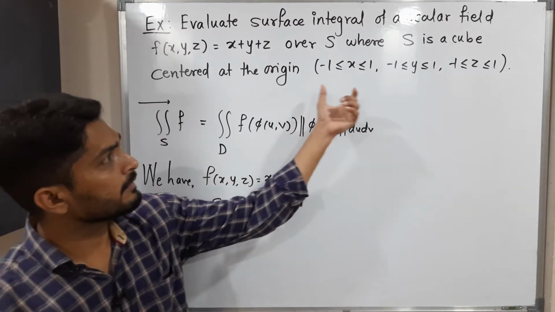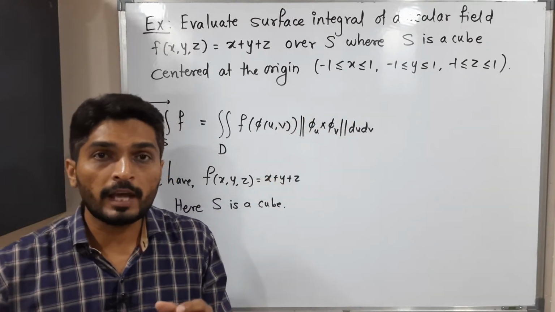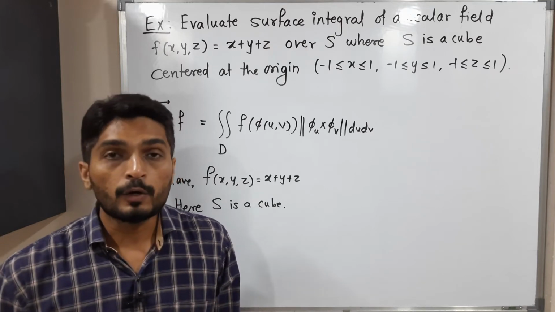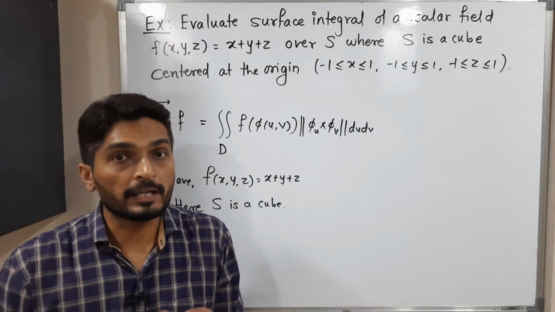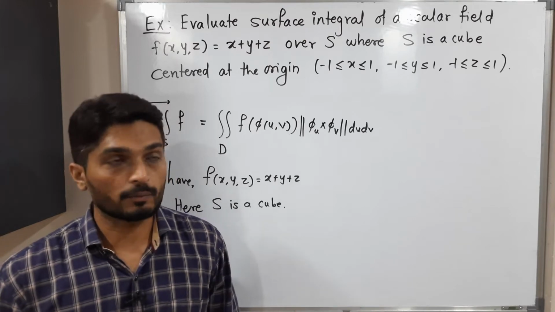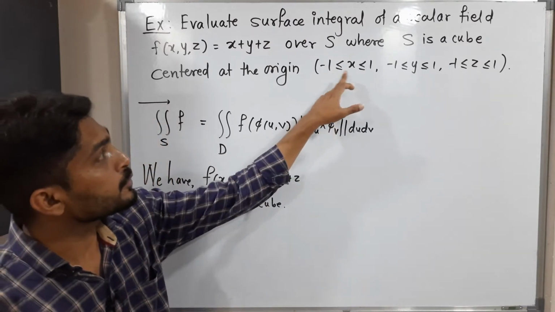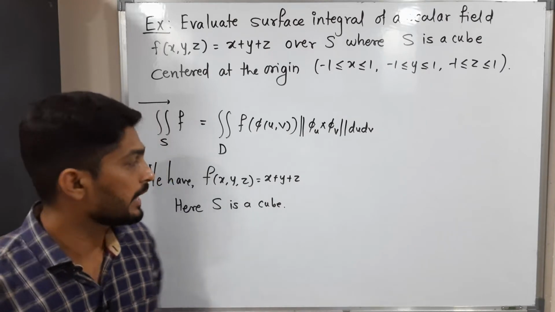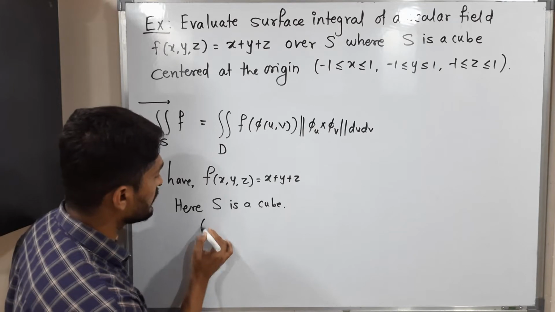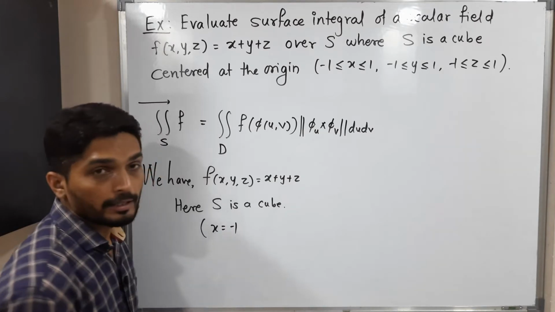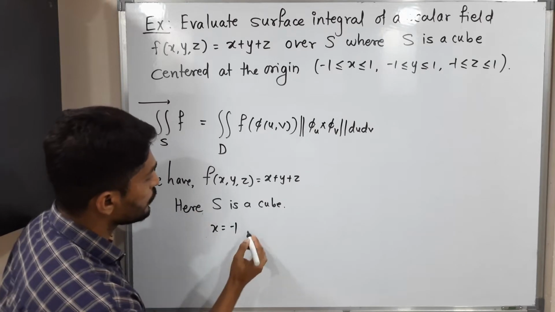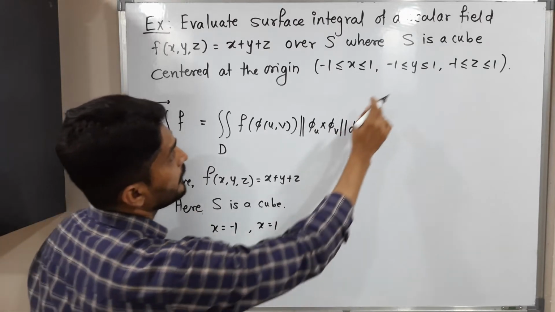After that they have given some inequalities. See, when we have inequalities, to find the surfaces or curves, we replace the inequality by equality. So minus 1 less than or equal to x, we replace the inequality by equality, so we will have x is equal to minus 1, and here also I will do the same, so x is equal to 1.